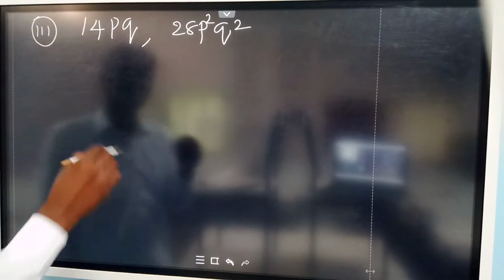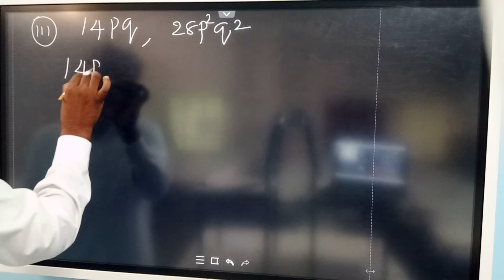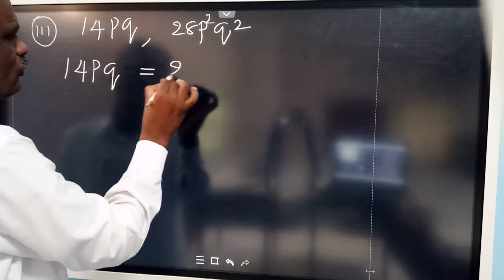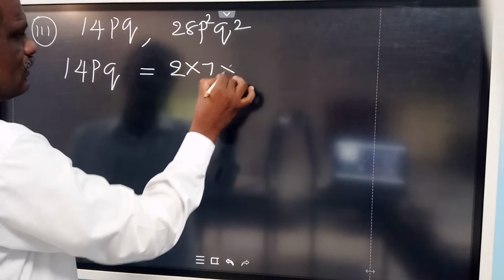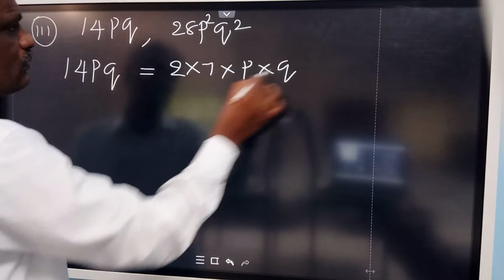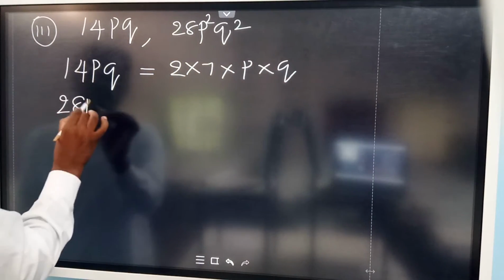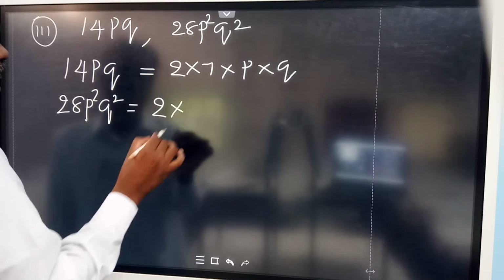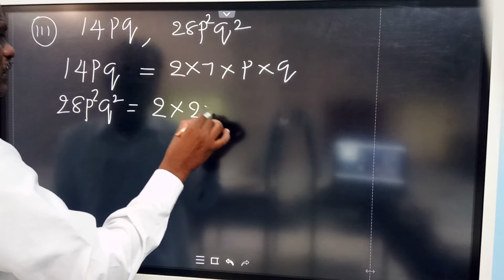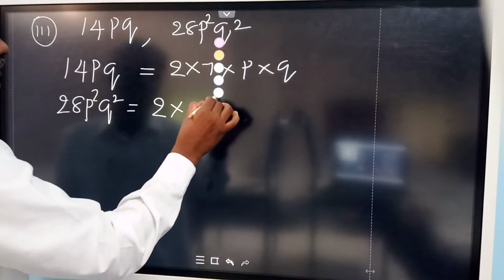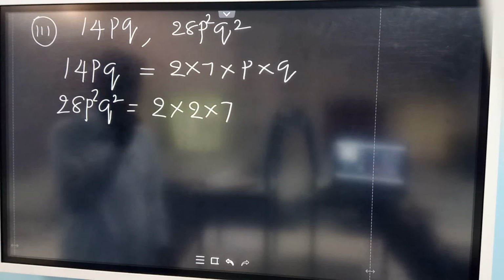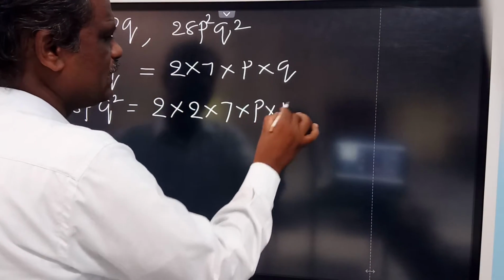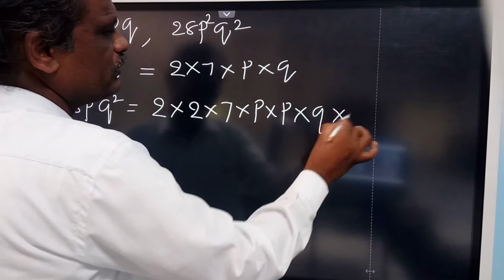Solve this: 14p3. You can split this as 2 into 7 into p into q. Then 28p square q square: 2 into 2 into 7, p square is p into p, q square is q into q.